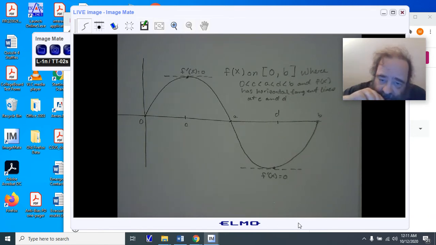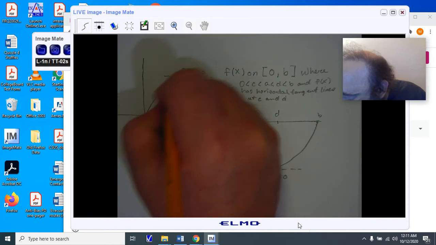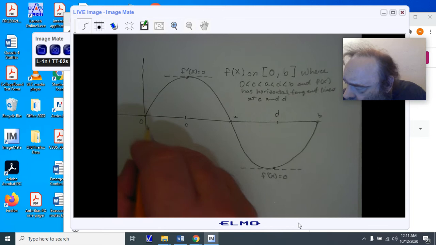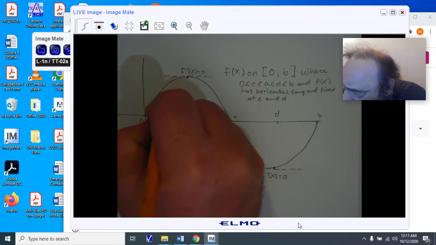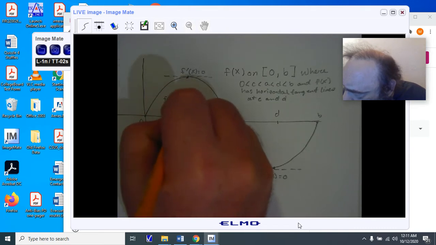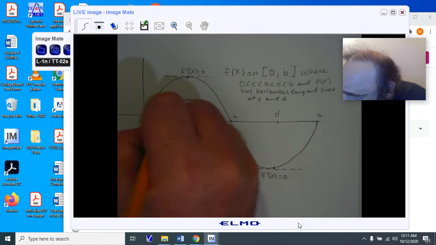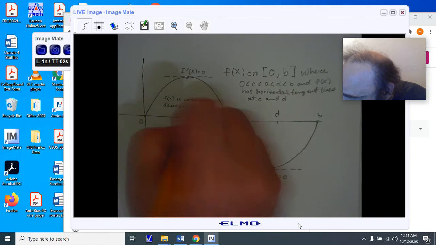And what I want you to notice is that the concavity of f of x is concave down from 0 to a. So here we have f of x is concave down on 0 to a.